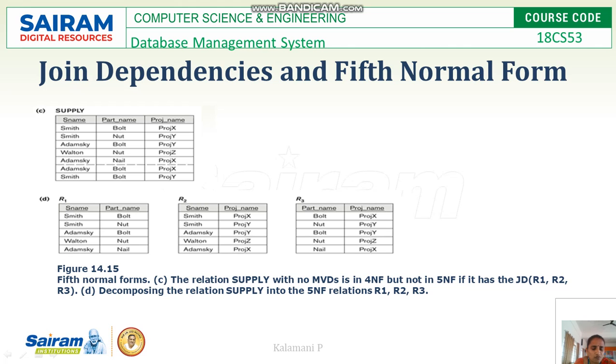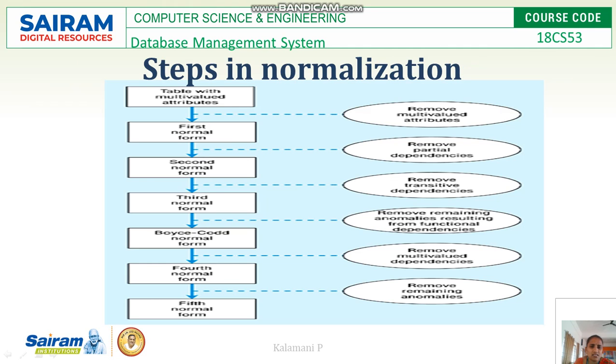Now if we join these relations, the joint dependency of R1, R2, R3 is equal to the relation R, that is supply. So the joint dependency involved here is JD of R1, R2, R3 equal to supply.